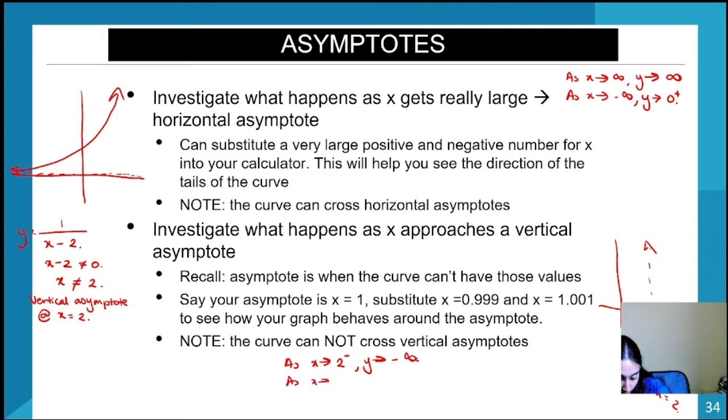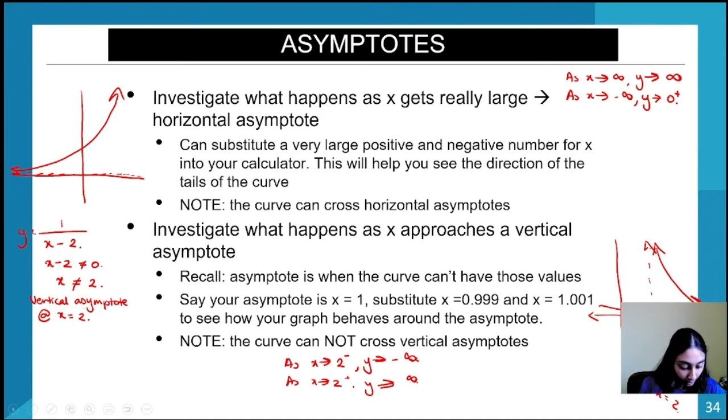As x approaches 2 from the positive side, y approaches, let's find out, 1 on 2.0000001 minus 2, like 100 million. So positive infinity. So my curve will look a little something like that.